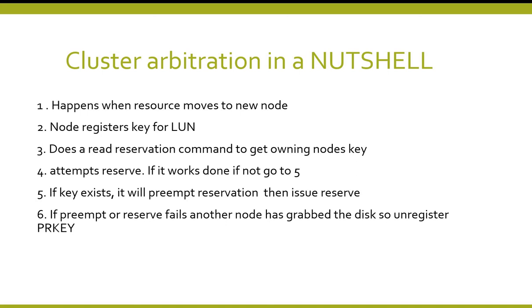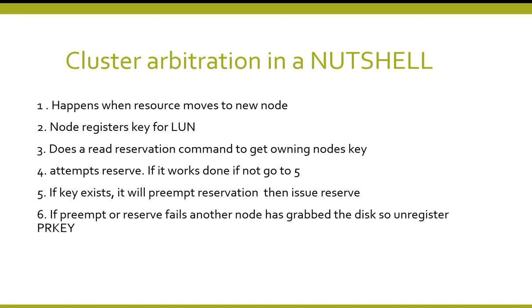The loser of the arbitration will unregister its key. Once the drive is reserved, there's only going to be one key registered and one reservation holder. No other host could write to that drive. They can read, but they can't write.